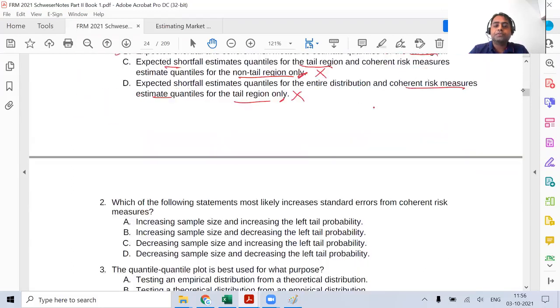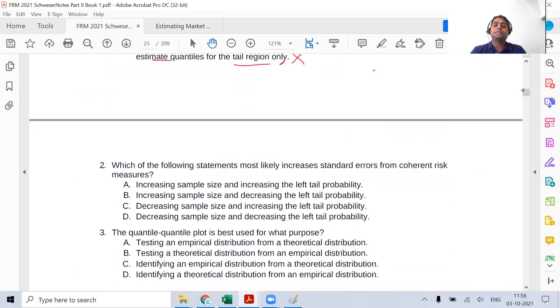Let us go to the next question. Which of the following statements most likely increases standard error? How exactly is the standard error going to get increased?